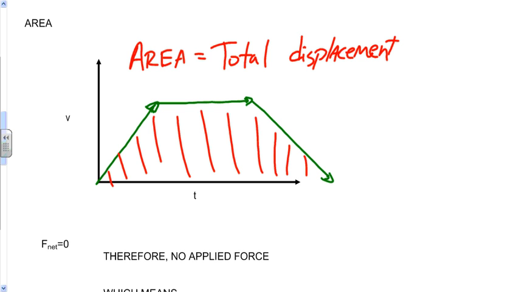Being a trapezoid, I can find the area of the trapezoid, and I could do that by breaking it up into little pieces and finding all the areas. So if I could find this area, and then this area, which would be pretty easy to do, and by doing so, if I found all the area under the curve, I would find the total displacement. So it's really important to know, again, the area under the velocity versus time curve represents the total displacement.